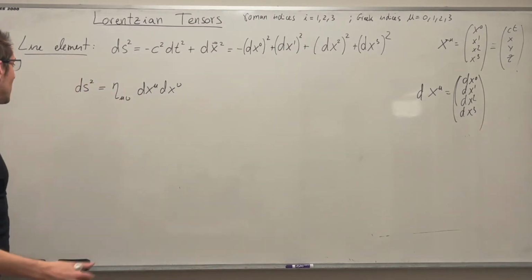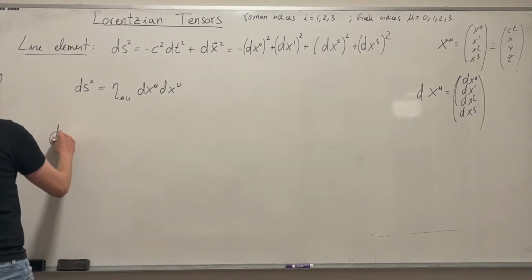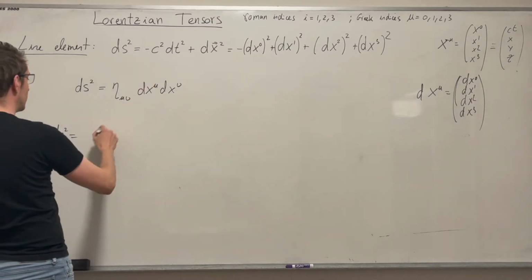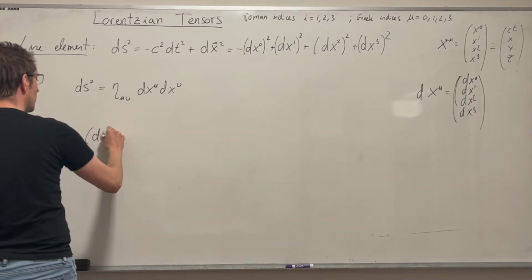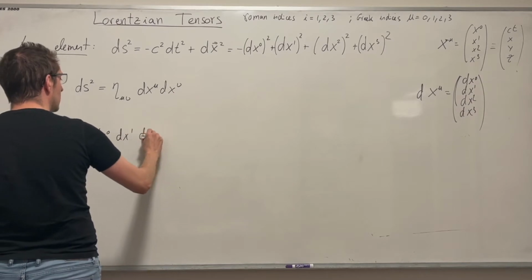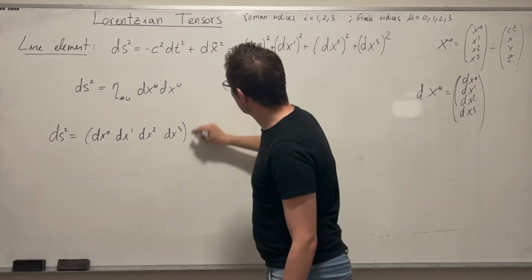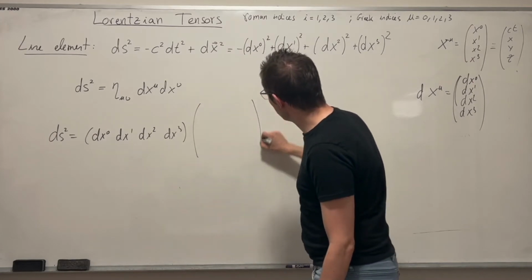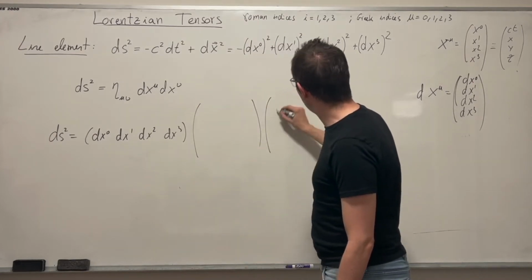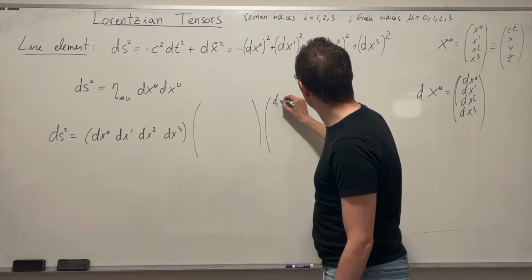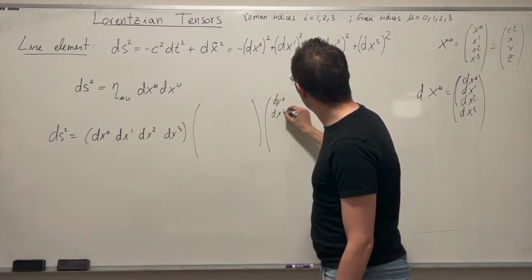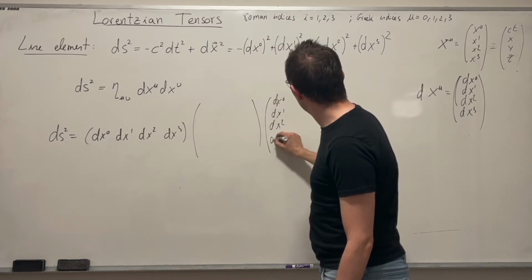So I can write like that, and I can wonder, okay, what are the entries of this matrix? So basically what I'm asking is, this ds squared is, I contract the first index, so it's some dx0, dx1, dx2, dx3, and then some matrix, eta mu nu, 4x4, and then I have here dx0, dx1, dx2, dx3.